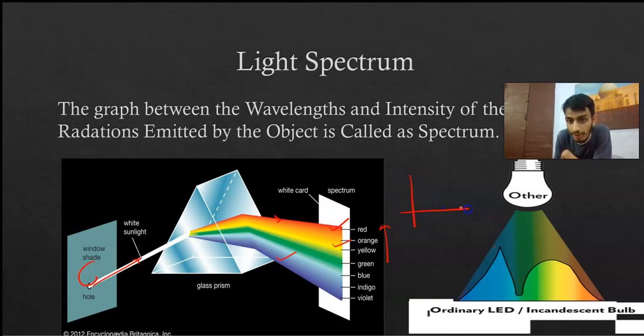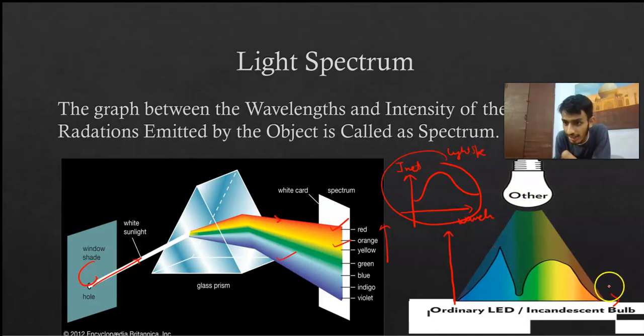So color means wavelength. If I make a graph between the wavelength and intensity of the light that a star or a source emits, we call this graph a light spectrum. Here I have taken the picture of the light spectrum of our ordinary yellow bulb. In the x-axis we have wavelength, and here we have intensity.